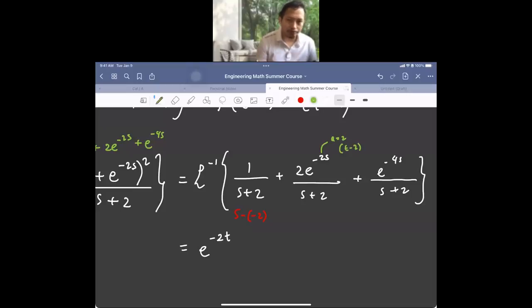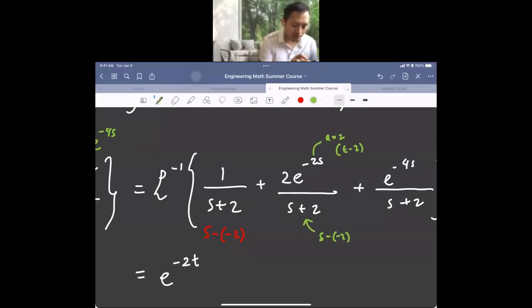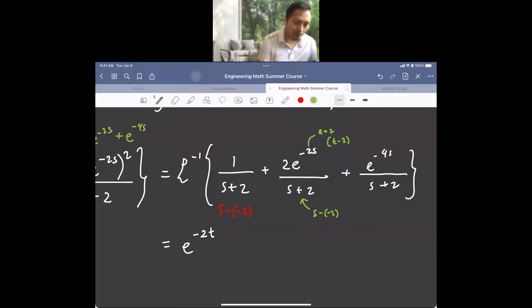And the s plus 2 here is from s minus negative 2. I hope you understand the little notes, the clue that I gave you, so that you at least get the idea.